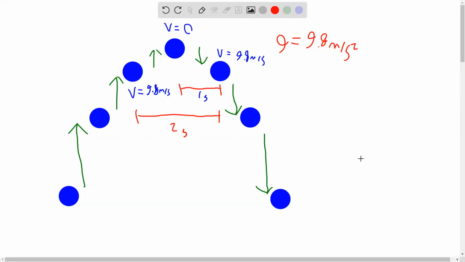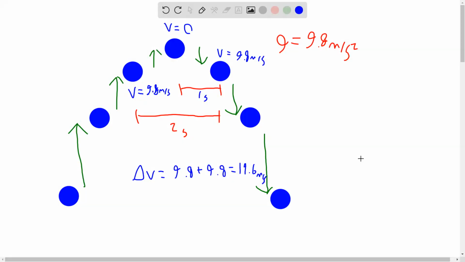So what actually happens is it goes from 9.8 meters per second up, it changes by 9.8 to reach 0, and it changes by another 9.8 to reach 9.8 meters per second down. And that gives you 19.6. So after 2 seconds, the change in velocity is equal to 9.8 plus 9.8, which is equal to 19.6. So after 2 seconds, our velocity changes by 19.6 meters per second.